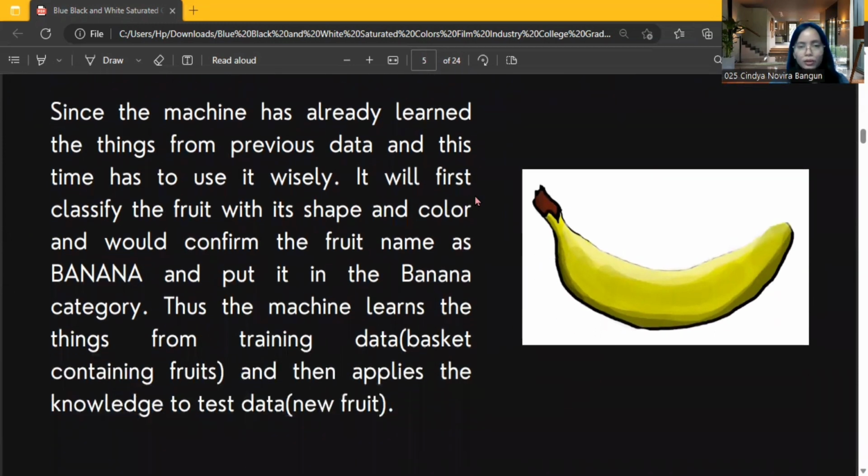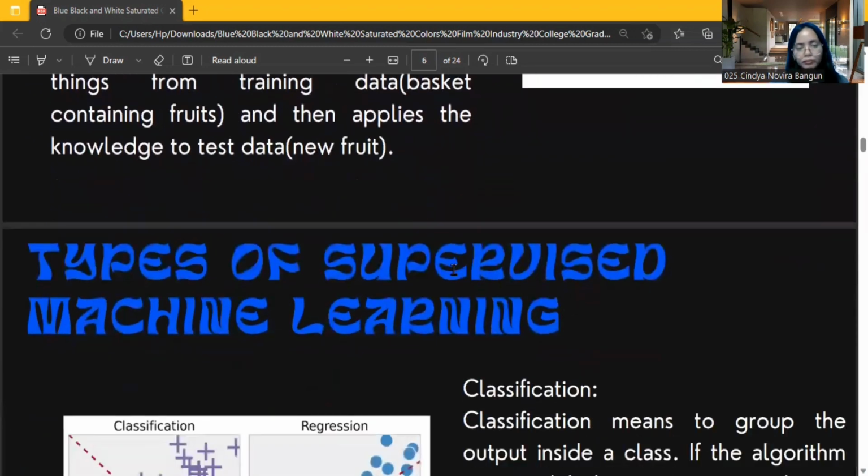Since the machine has already learned the things from previous data and this time has to use it wisely, it will first specify the fruit with its shape and color and would confirm the fruit name as banana and put it in the banana category. Thus, the machine learns the things from training data and then applies the knowledge to test data.